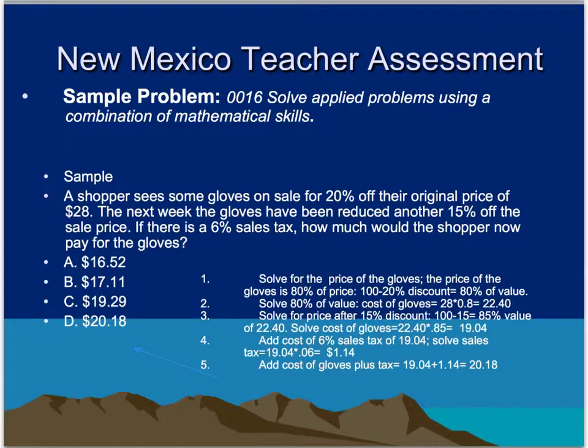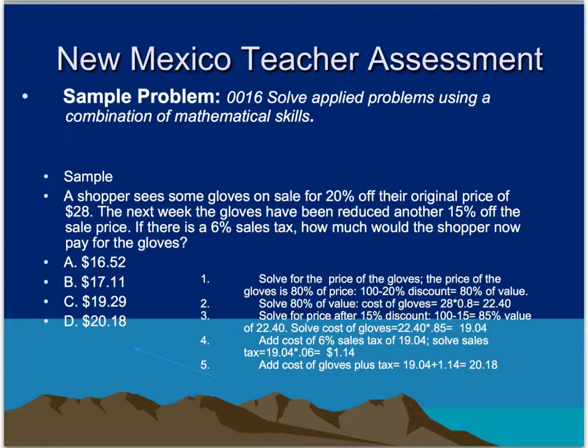Your next step is taking 15% off of 22.40. 100 minus 15% is equal to 85% of the value of 22.40. You multiply 0.85 times 22.4. The answer is 19.04. The price of the gloves is $19.04.